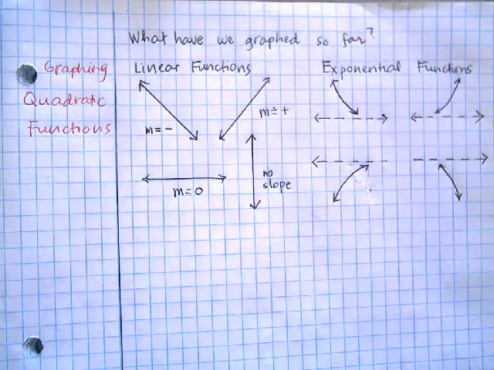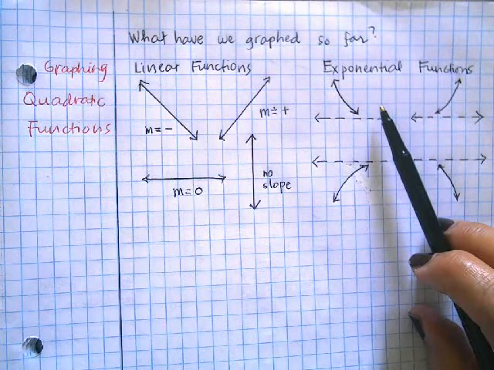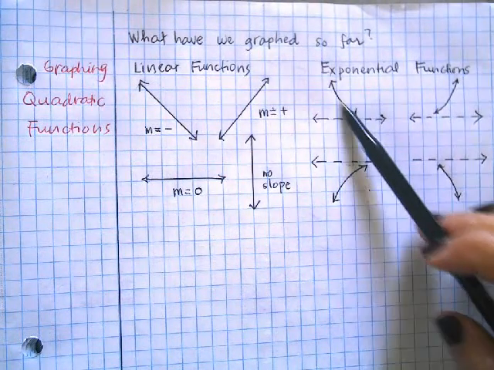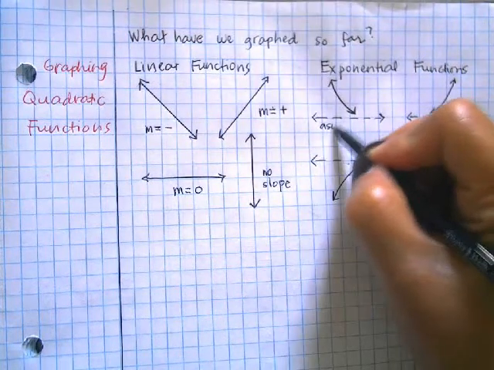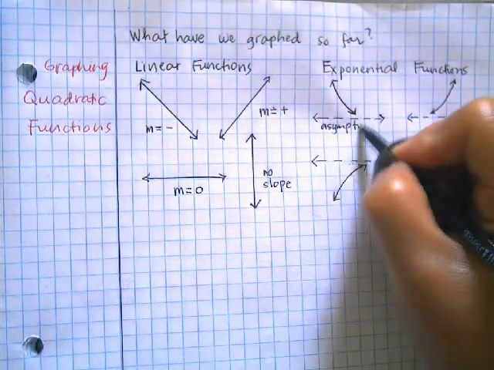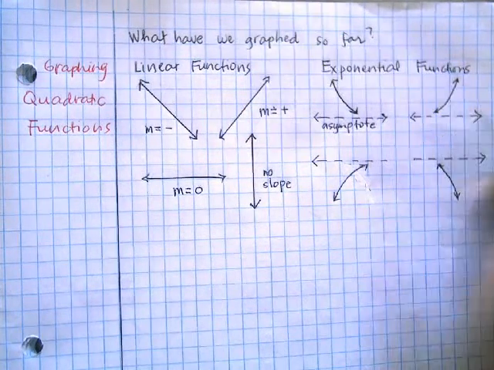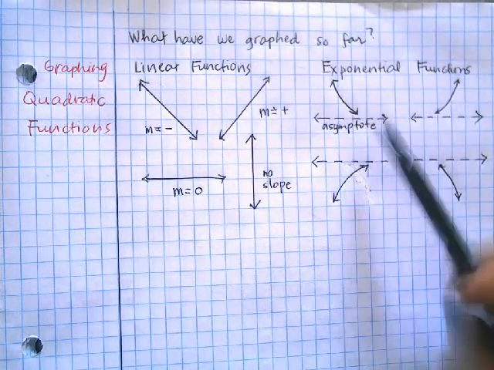Now we also graphed exponential functions. It could be a decay, and there is an asymptote. I hope you remember the word asymptote, the line that your graph approaches closer and closer but does not touch.